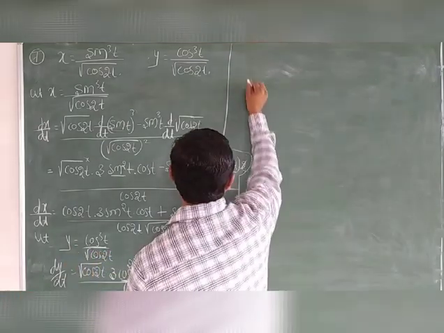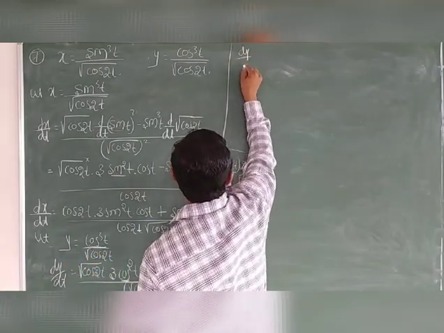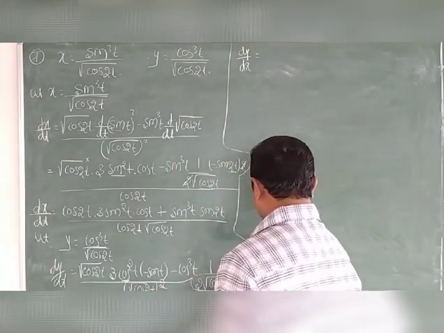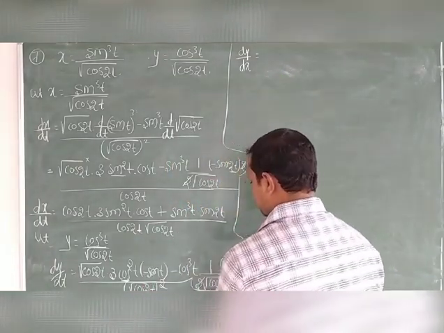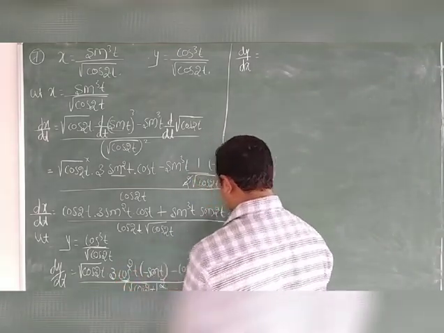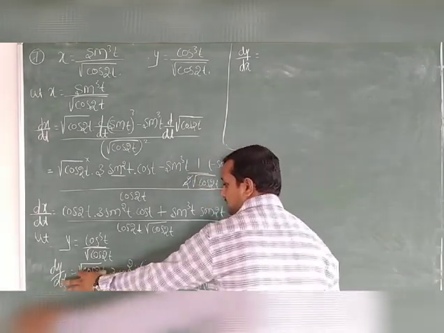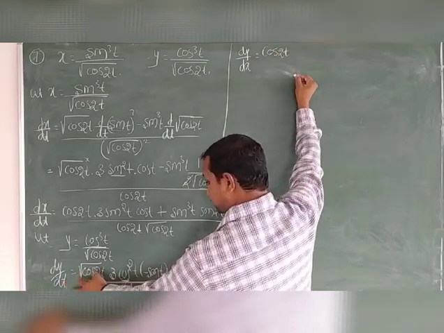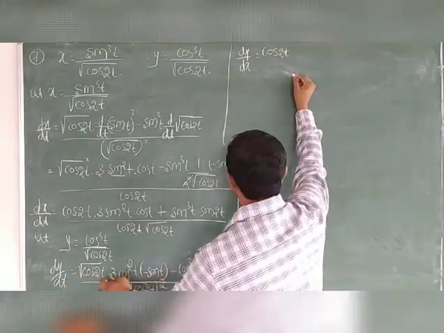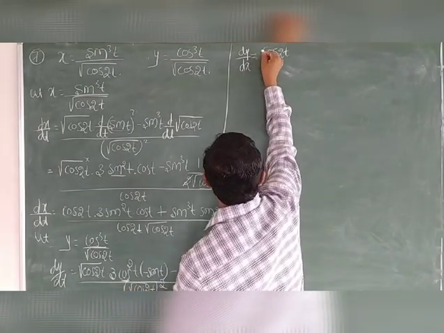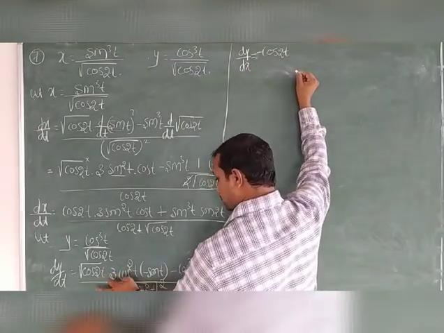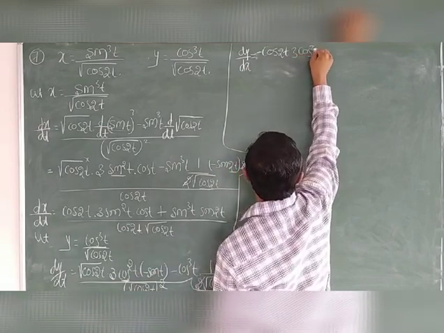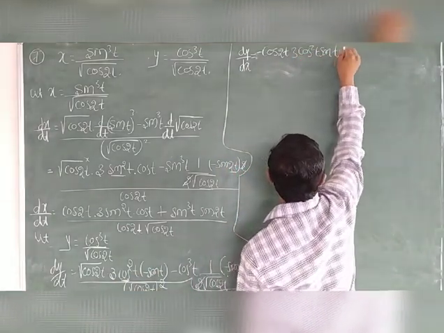Then in this step I can write dy by dx is equal to, so here also same, 2 and 2 get cancelled. So take the LCM. What is your LCM? So the root term is the LCM. So multiplication, this will get cos 2t and this is the negative term. So I can take minus of cos 2t, 3 cos square t into sin t.